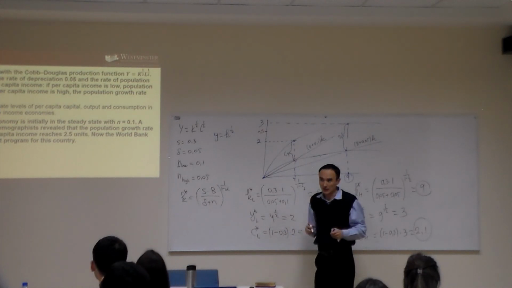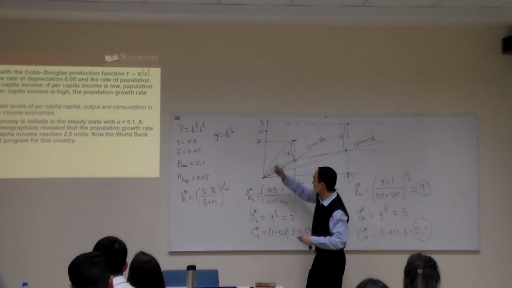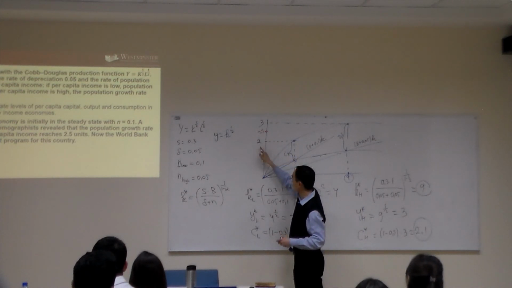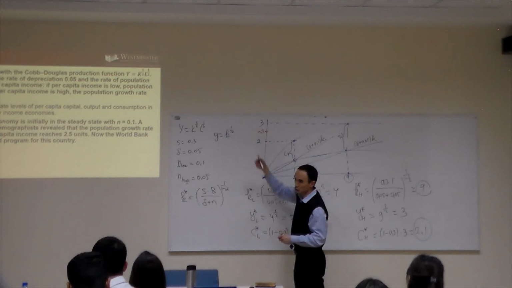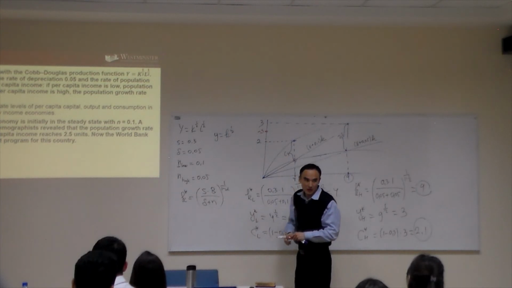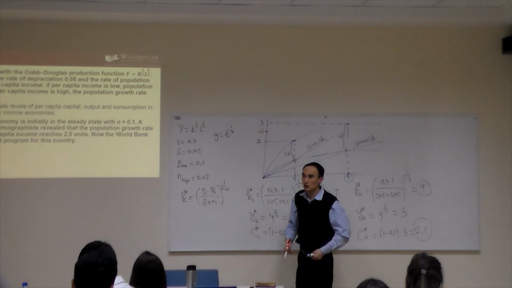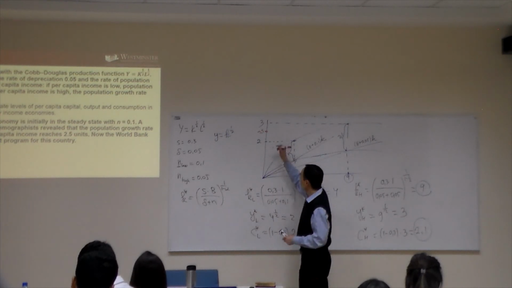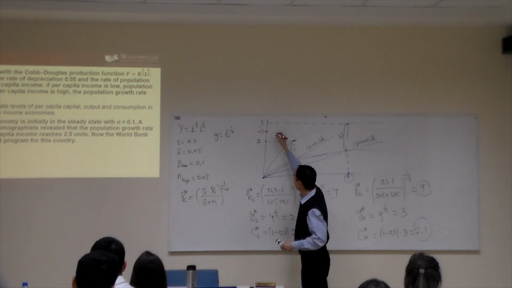Okay? That type of assumption. So in order to make output reach 2.5 units, which is now 2, more females should be economically active, more educated, which is all going to reduce population growth. Okay? So now it is the case. Alright? It's the case.